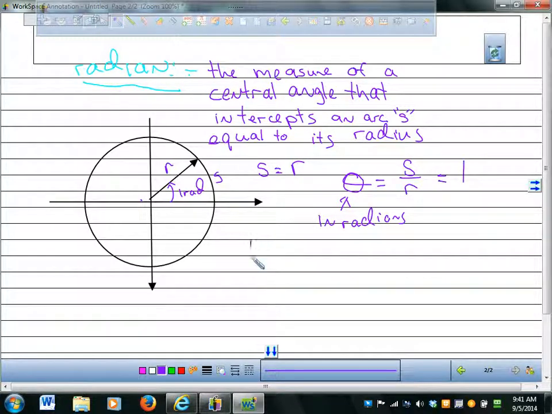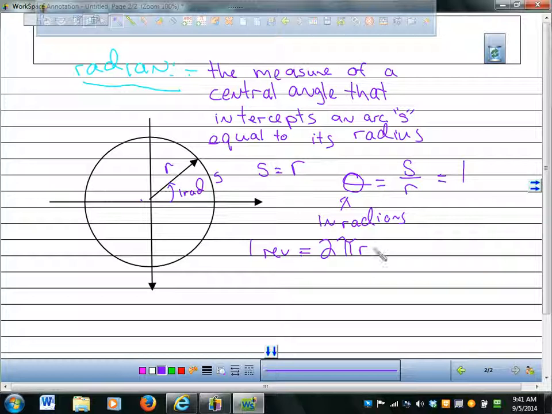One revolution, if we remember from your geometry classes, how do I find one revolution around a circle? 2 pi r, right? Remember, the circumference of a circle is 2 pi r.